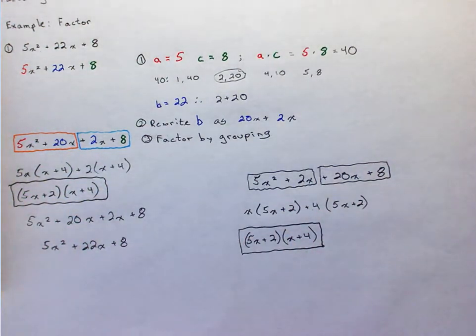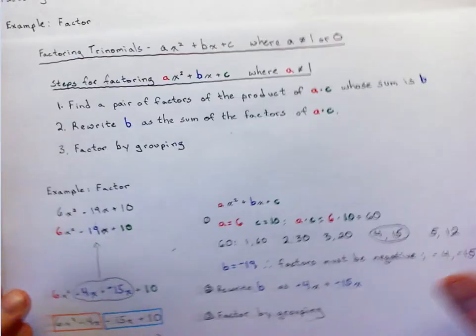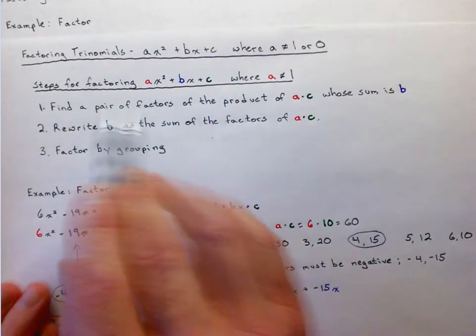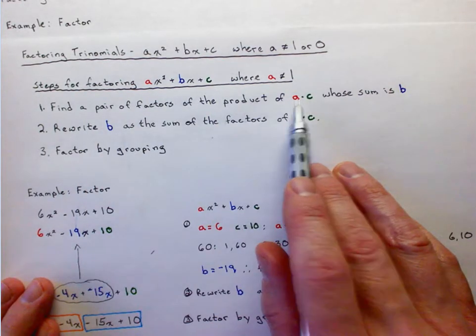Alright, ladies and gentlemen, that is factoring trinomials where ax squared plus bx plus c, a does not equal 1. Again, keep in mind with your steps, think about what you're doing. You're going to first multiply a and c.